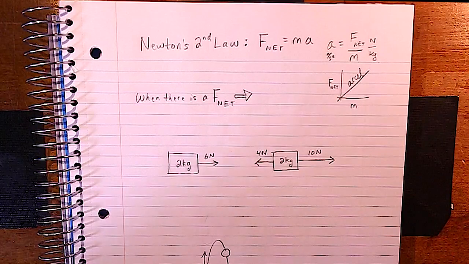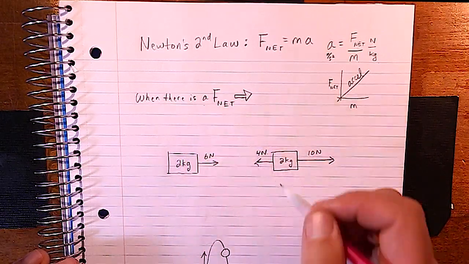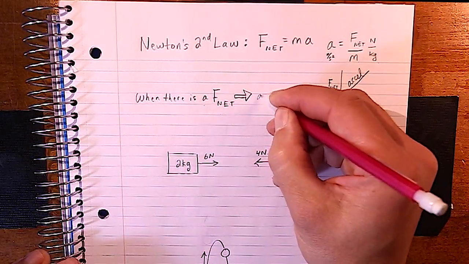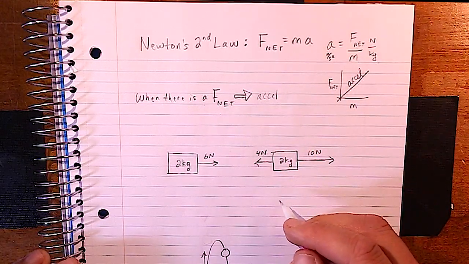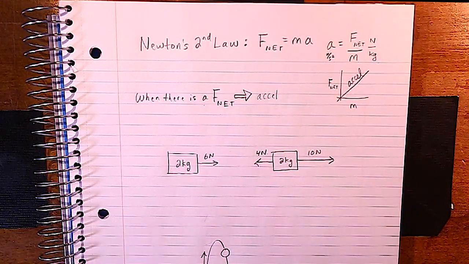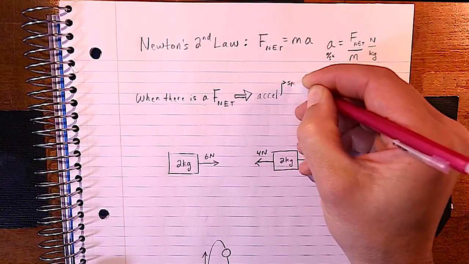I keep reiterating this, but it's important. When there's no net force, when F net is 0, it's either not moving or it's moving at a constant velocity. When there is a net force, the object accelerates. What forms could acceleration take? That could be speeding up.